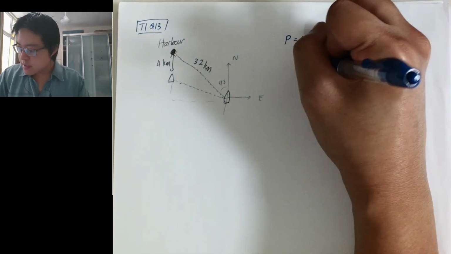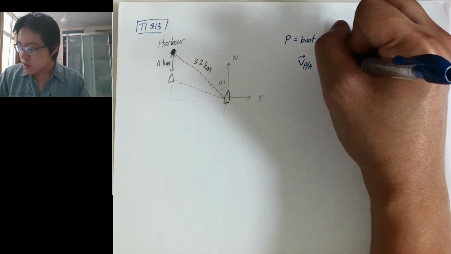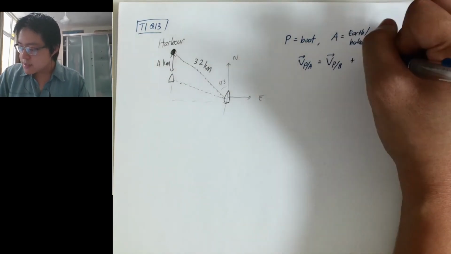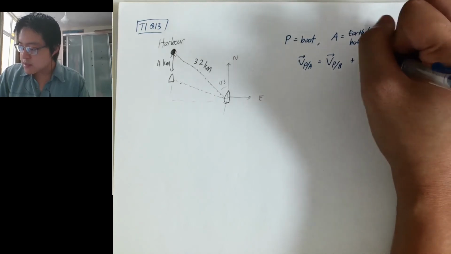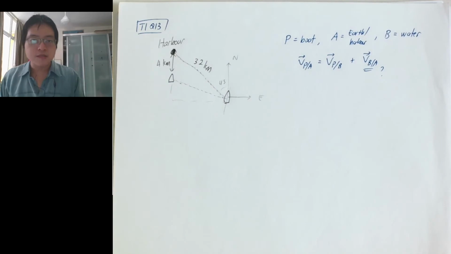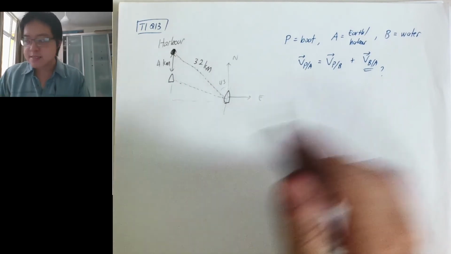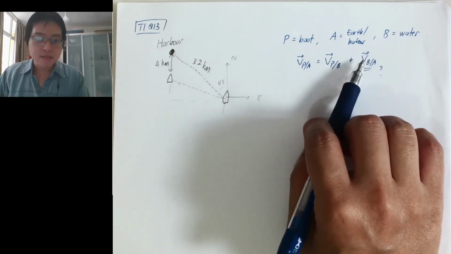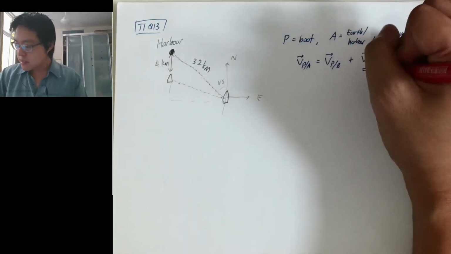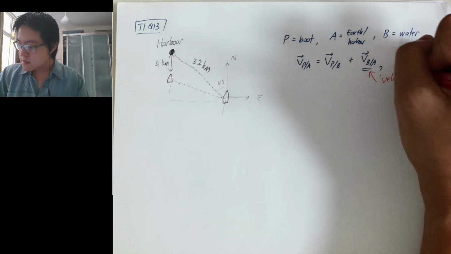The velocity of P as observed in the A coordinate system is V of P relative to the water plus V of water relative to the ground. The question is asking for the water current velocity, which is the velocity of water relative to the earth. So this is what we want to calculate.